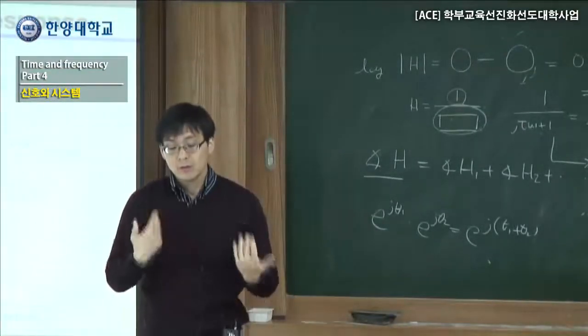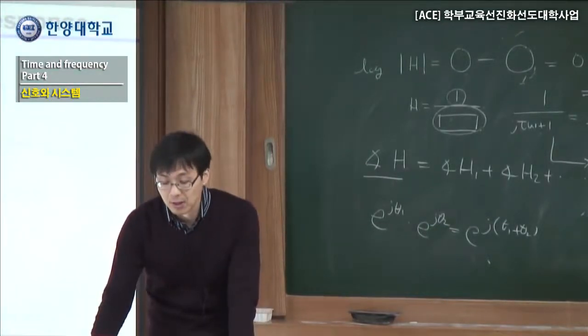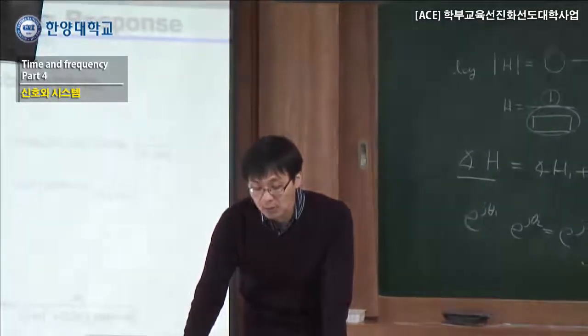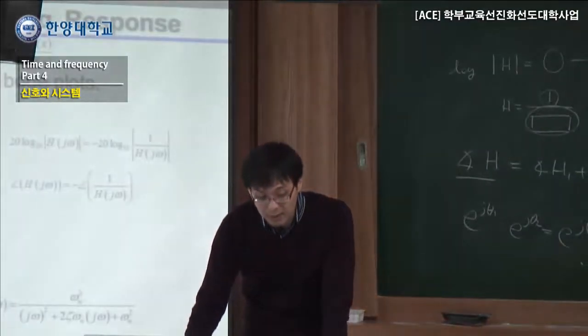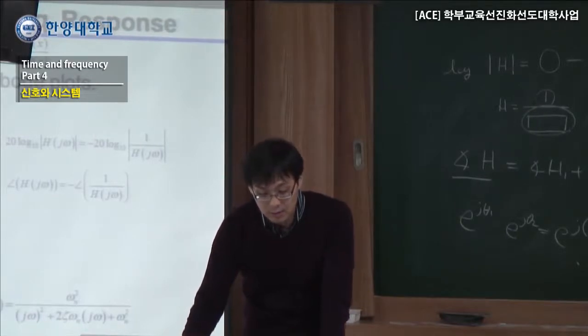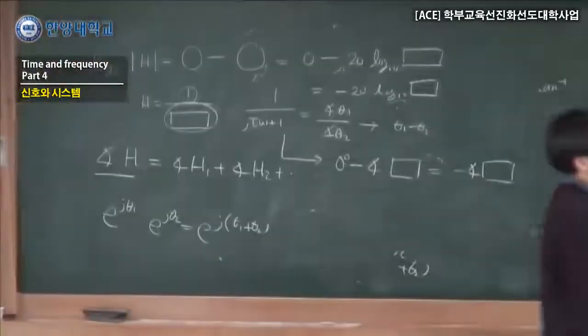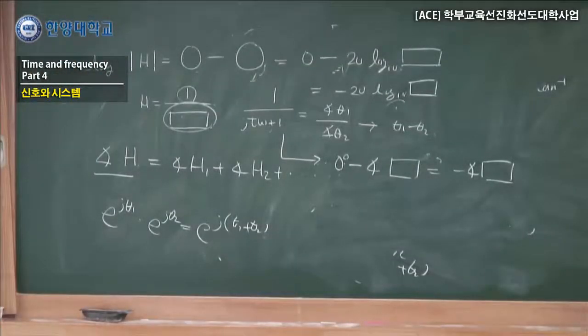In case of rational function, 유리함수 in Korean, rational functions having p and q like that, we can use previously learned Bode plots, meaning that, for example, in case of this example shown on the graph, as we are using log, we are not comparing the amplitude itself.